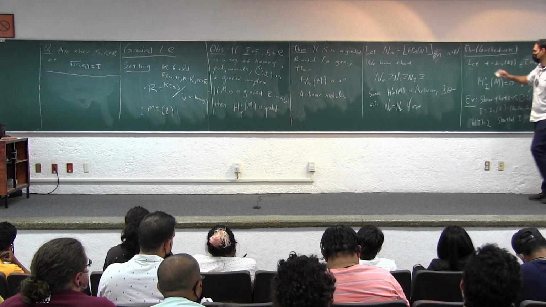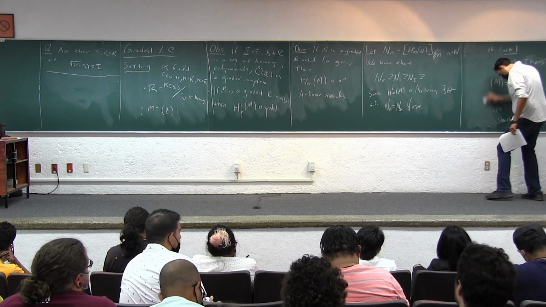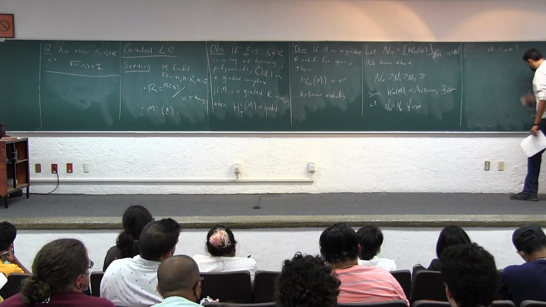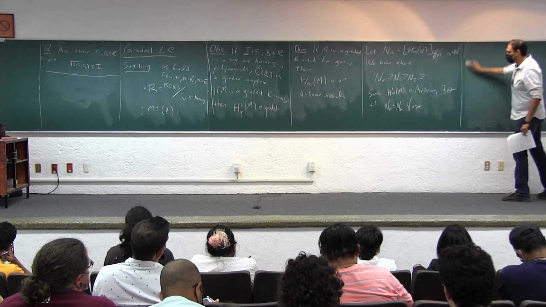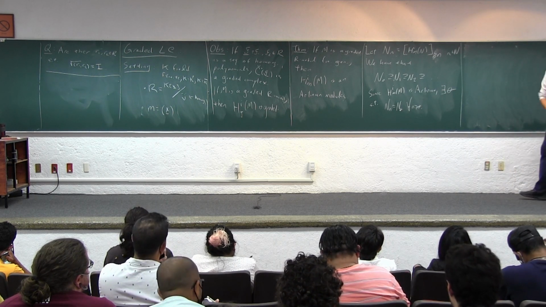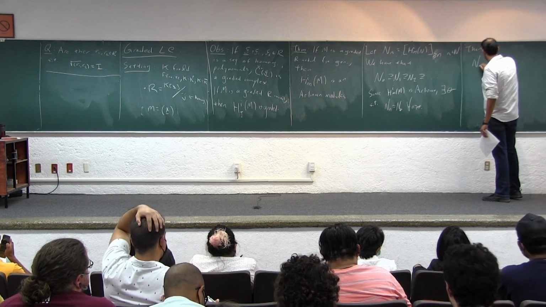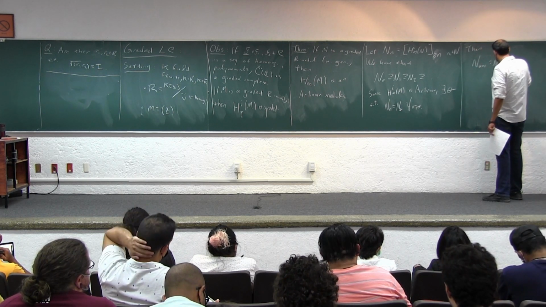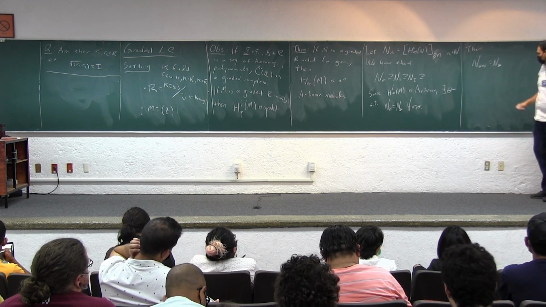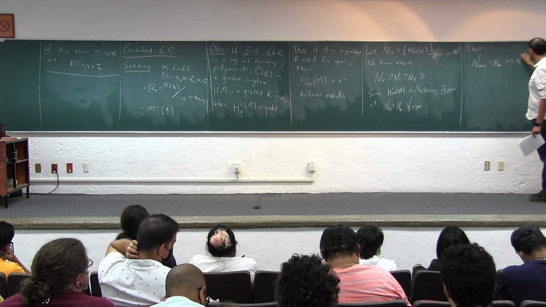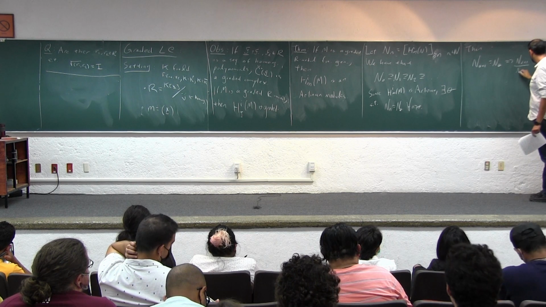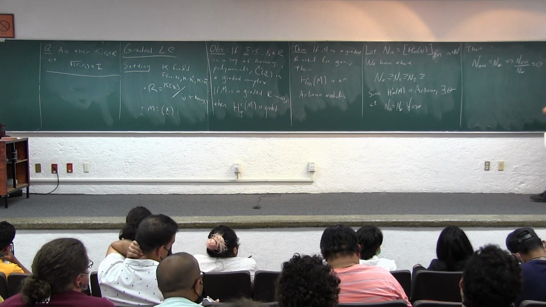But what is this telling us? Let's just look at what happens at theta plus 1. N sub theta plus 1 is equal to N sub theta. As a consequence, this implies that N sub theta over N sub theta plus 1 is equal to 0.